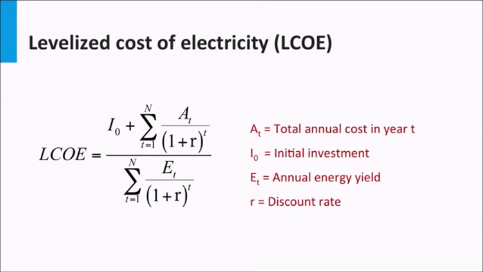Here, A_T is the total annual cost in year T, I_0 is the initial investment, and E_T is the annual energy yield or electricity. r is the discount rate, which is a factor used to discount future costs and translating them into present value.